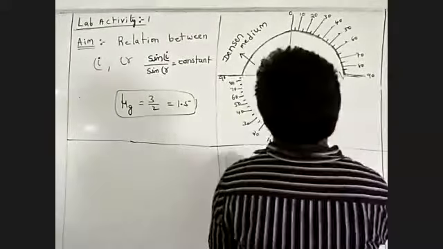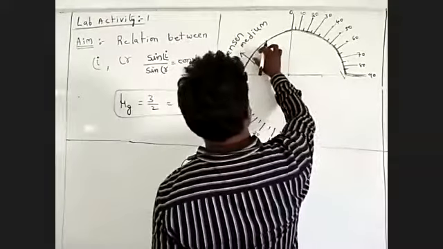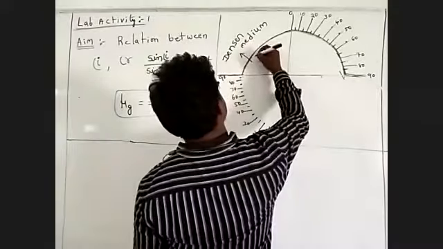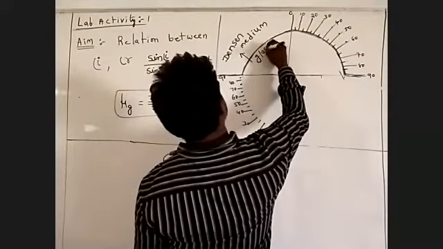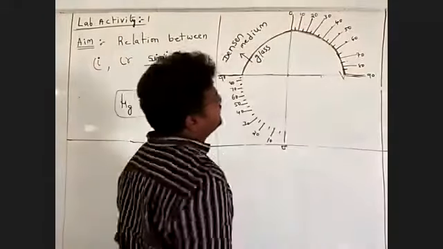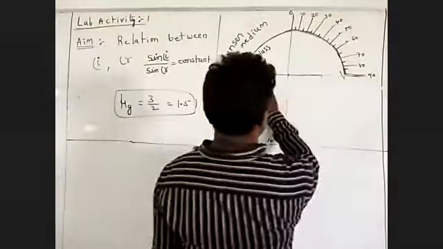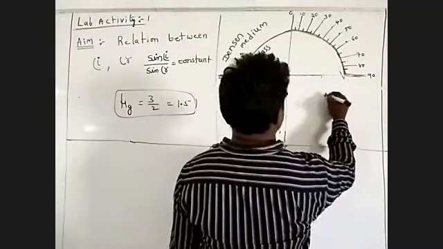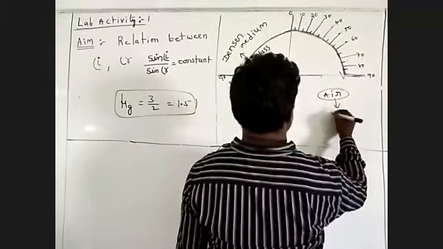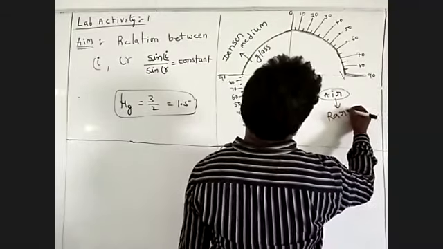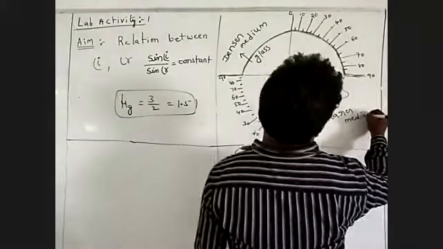Glass is taken as the denser medium. This part is air, and air is taken as the rarer medium.